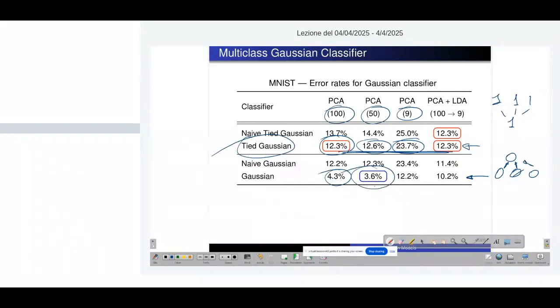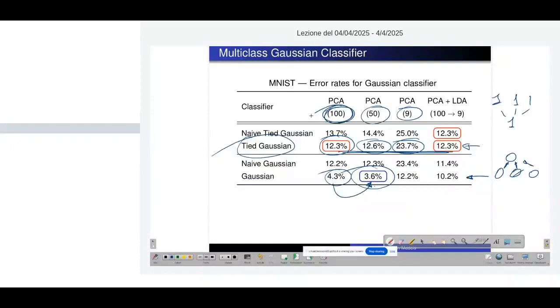And here we see something that didn't happen before. We can see that if we reduce with PCA more, this time we didn't observe it in the first example that we took, PCA is actually helping my classifier. If I reduce to 50 directions, my error rate goes down from 4.3 to 3.6, which means that these 50 directions are a subset of the 100 ones.